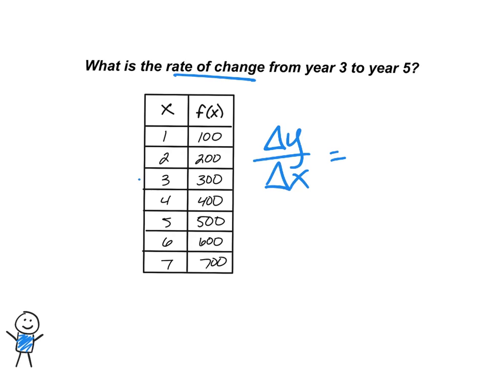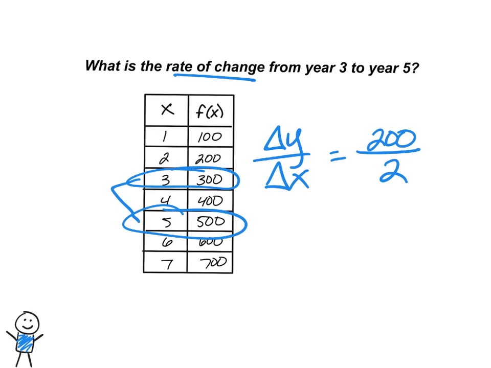From year 3 to year 5. Okay, so we're looking at year 3 and year 5. Well, my change in y went from 300 to 500. Well, that's an increase of 200 units. And my x values over that same period went from 3 to 5, which is an increase of 2.